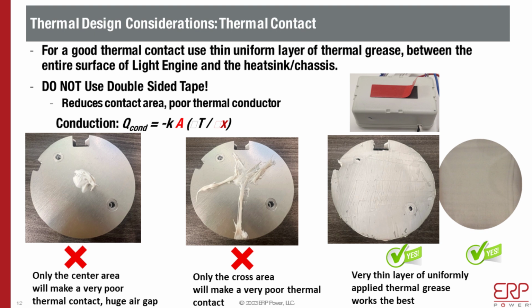All right, let's move on to some of the thermal conductance parameters that are important. Thermal contact is one of the very important factors, especially since conduction is one of the modes of conducting heat away, and you can see the equation. I'm not going to go through the equation, but once in a while I'll point out the key parameters there.